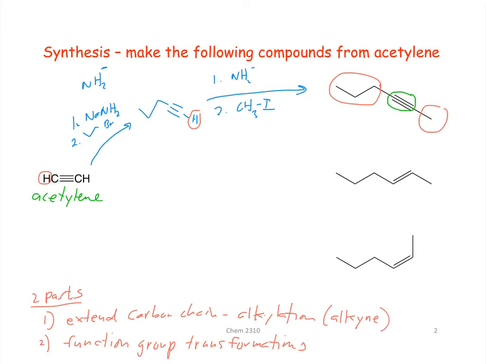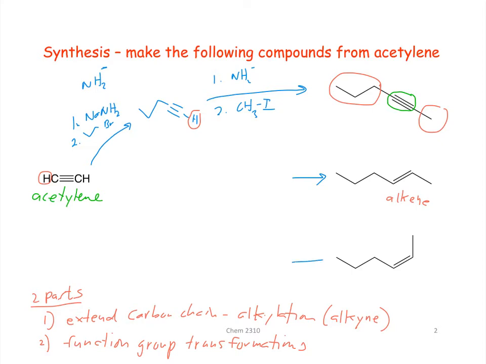So if we look at our next two compounds, notice that in each of these cases we have an alkene, and since we can't extend the chain with an alkene, we know that we have to make that alkene from an alkyne. So let's work backwards here.